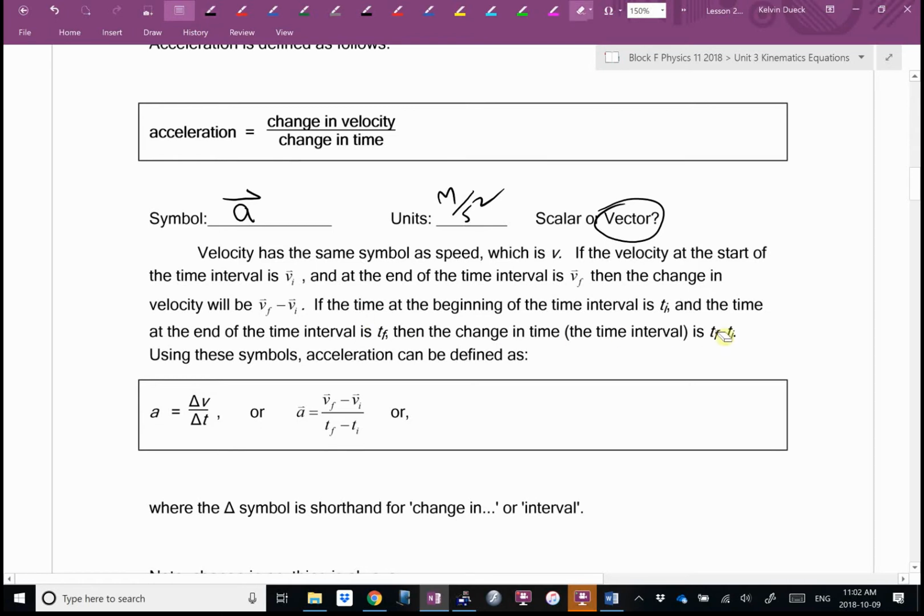The same argument is for time. So we can take this change in velocity over change in time, which you could write as delta v over delta t, which I wrote right here. And then we can say that's going to be v final minus v initial over t final minus t initial.